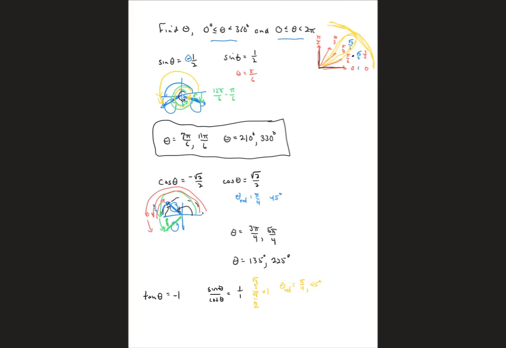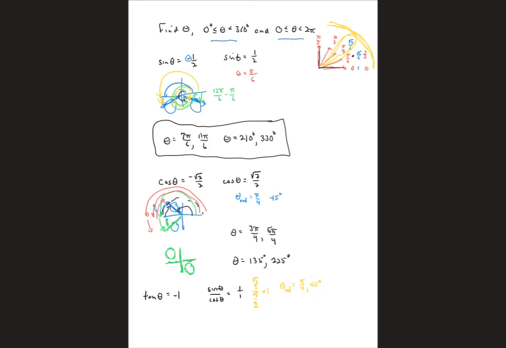Now, tangent is positive, I guess negative rather, in the quadrants where the x and y values are different. So in quadrant 2, we have a negative x and a positive y, and in quadrant 4, we have a positive x and a negative y. So the quadrants where tangent is negative are going to be quadrants 2 and 4.